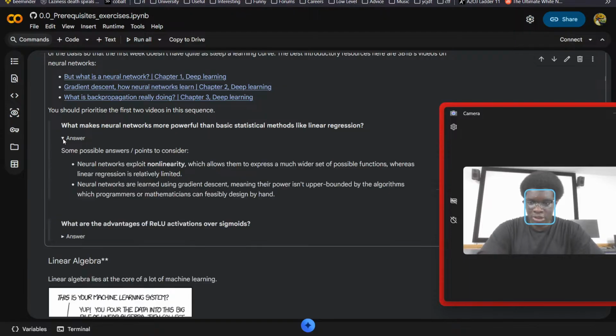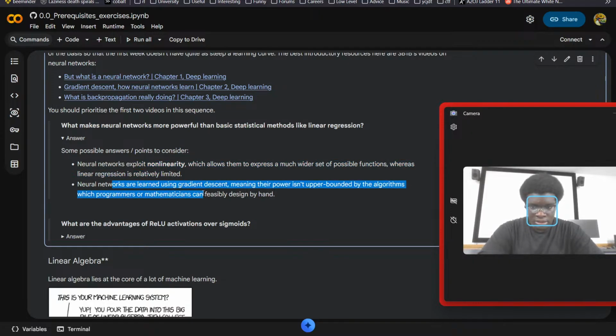Let's see what they wrote. I kind of take issue with this, because in some sense you're learning the parameters for linear regression, but there's a closed form way of doing it, as opposed to neural nets where you're optimizing towards a solution.